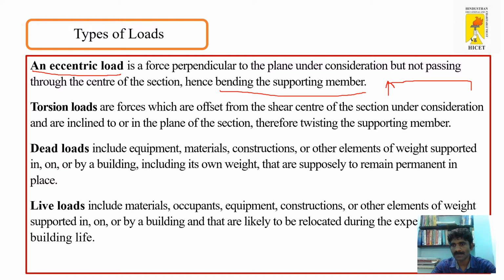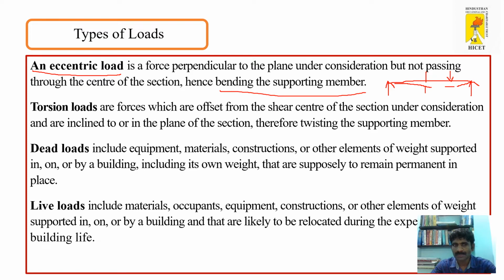This is a beam which is simply supported on either side, and this is the center of that beam. If this beam is subjected to an eccentric load like this, what happens to the beam? Because of this eccentric load, the beam tends to bend like this, which causes failure.